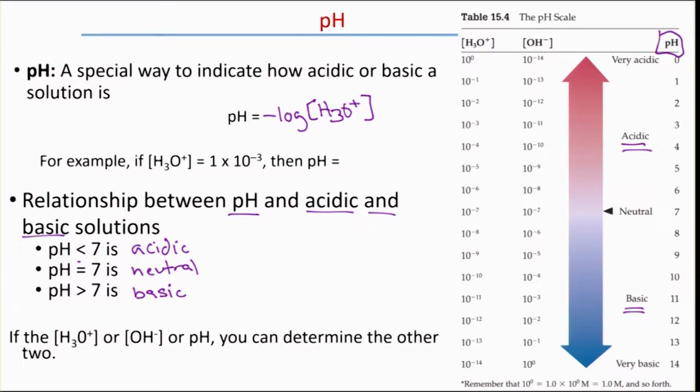All right, let's do an example here. If your hydronium ion concentration is 1 times 10 to the negative 3, then pH is the negative log of 1 times 10 to the negative 3, which ends up being the negative of negative 3, which is 3.